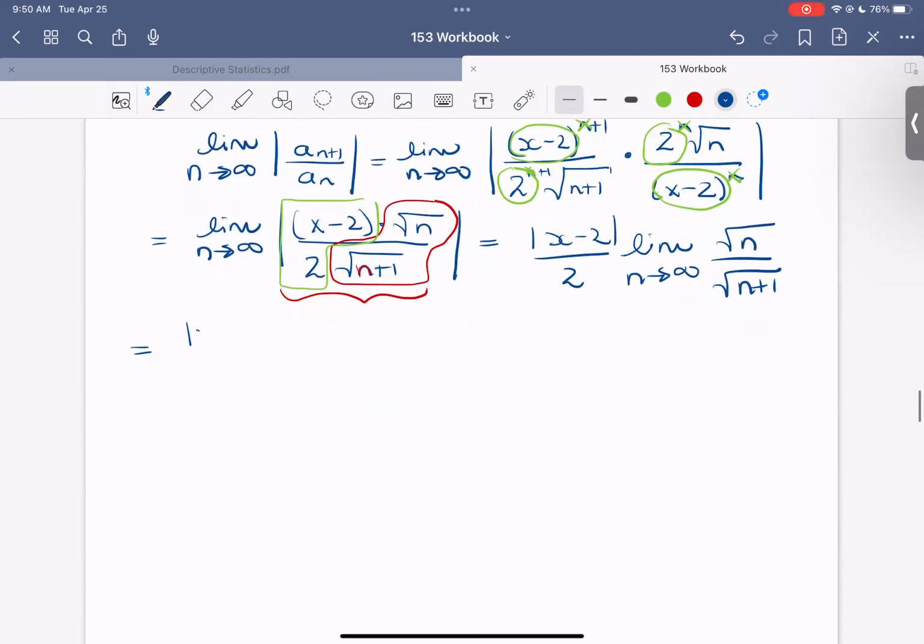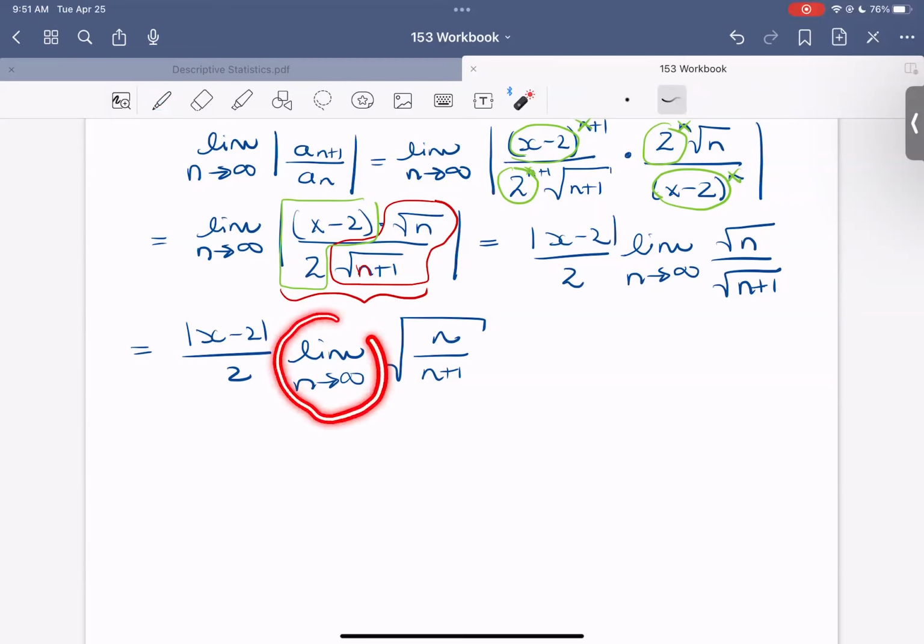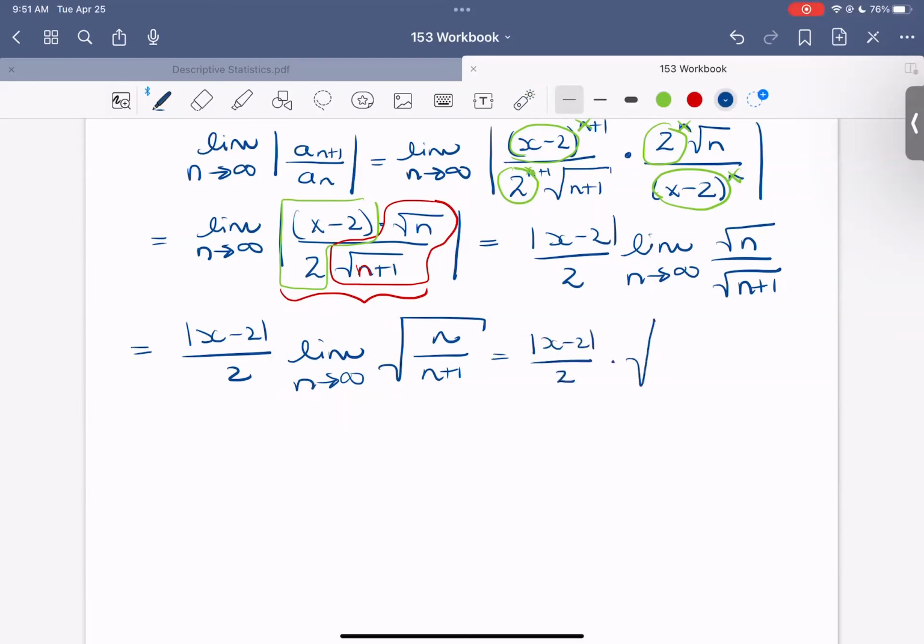So this becomes the absolute value of x minus 2 over 2 times the limit as n goes to infinity of the square root of n over n plus 1. It turns out in this situation, we can bring that limit inside that square root. So this becomes the absolute value of x minus 2 over 2 times the square root of the limit as n goes to infinity of n over n plus 1.